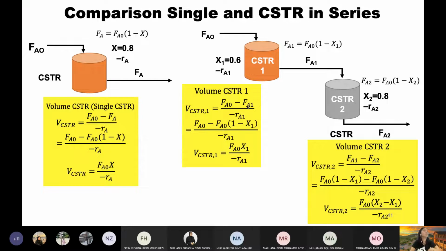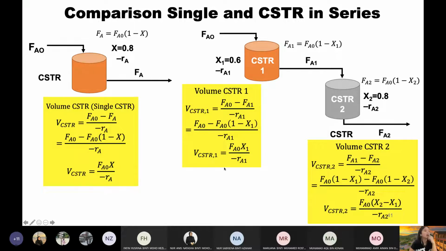Sebab tu we express FA1 in the form of conversion. Dia menjadi FA0 1 minus X1. So I replace my FA1 with FA0 in bracket 1 minus X1. Divided again by minus RA1. You will eventually get the volume of the reactor 1.